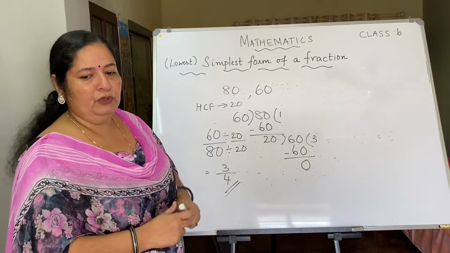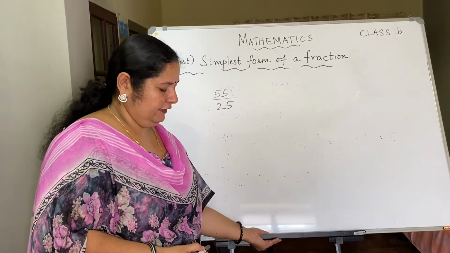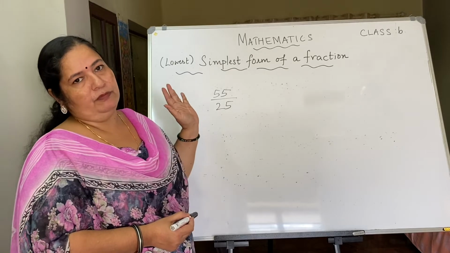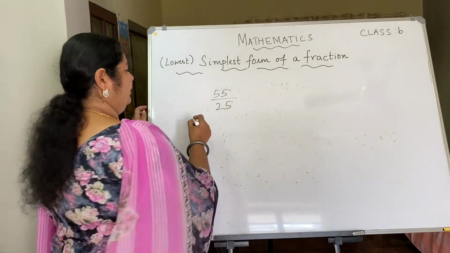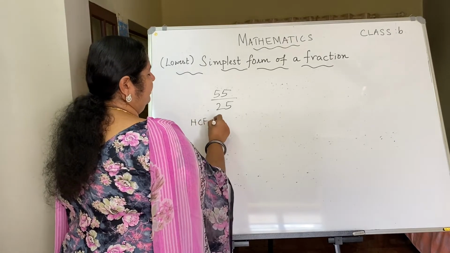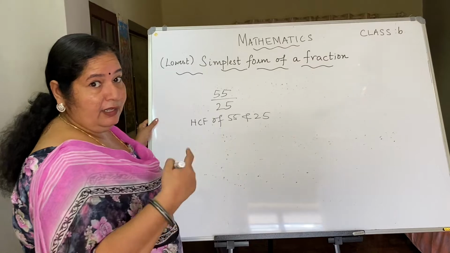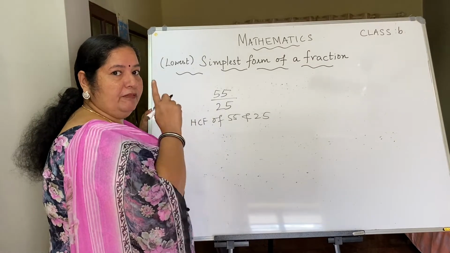One more we will do. Now suppose you have a fraction 55 by 25 and you are asked to reduce it to the simplest form. So what is the first step here? To find the HCF. So you have to find the HCF of 55 and 25. What you do there? Divide the greater number with the smaller number, which is the greater number 55.